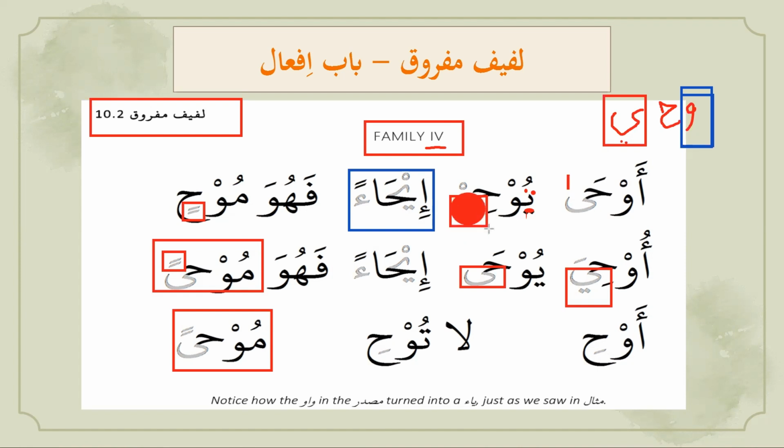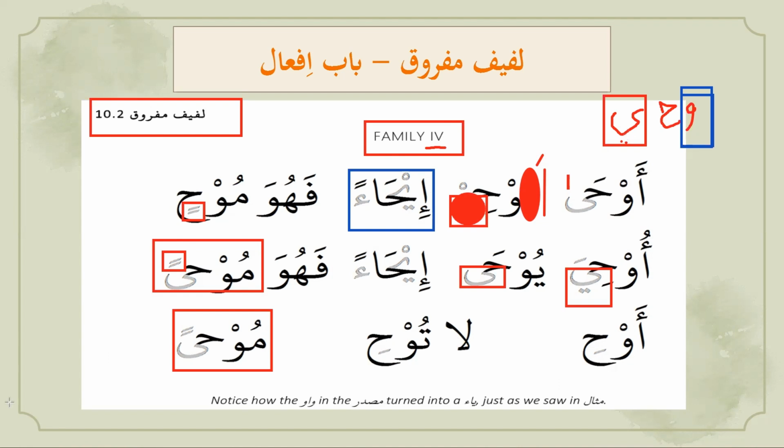That's why we call it hadhf harf illa. So harf illa is dropped. So this ya is dropped, and then the symbol of mudari anta is also dropped, and because this is family 4, we need to put hamza qat' with fatha. So awhi, la tuhi. Okay, awhi, la tuhi. So this is again just like naqis words.